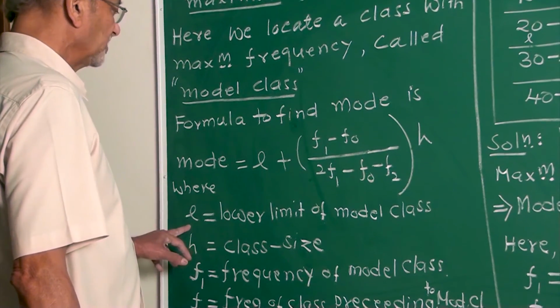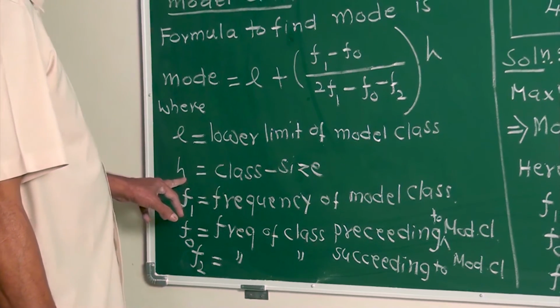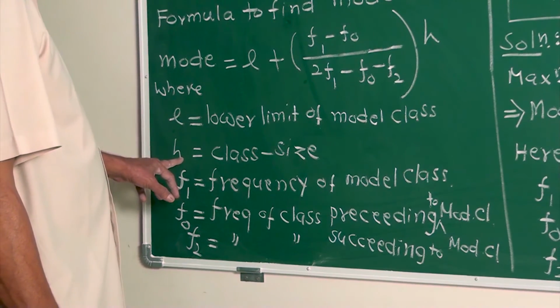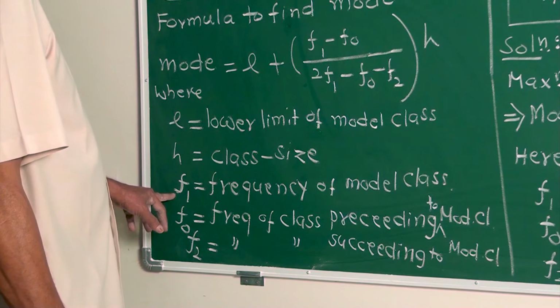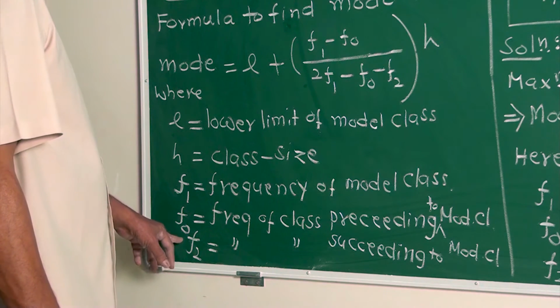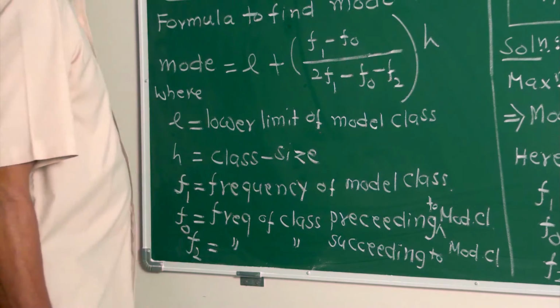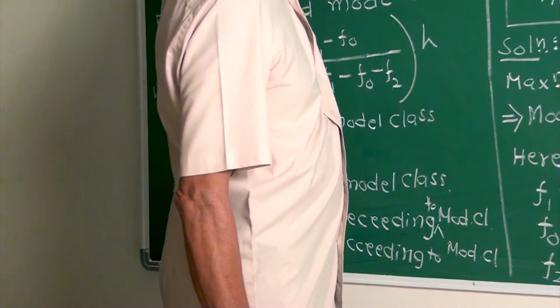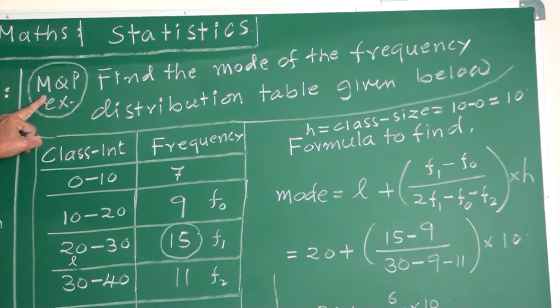L is the lower limit of the model class. H is class size, upper limit minus lower limit. F1 is the frequency of the model class, the highest. F0 is preceding, before F1, and F2 is succeeding, next to F1. This is the formula.